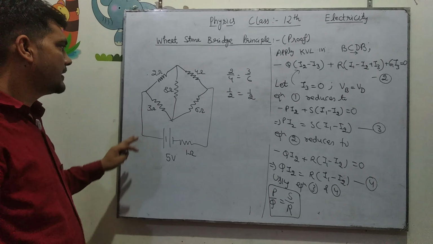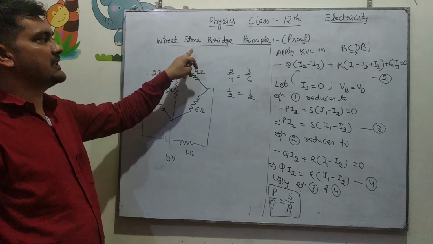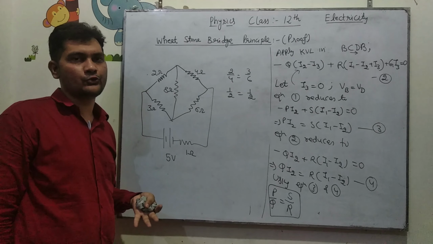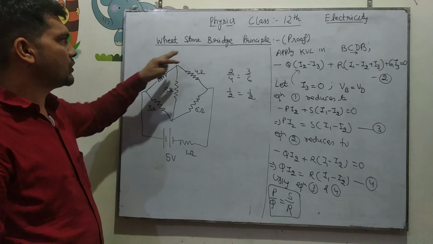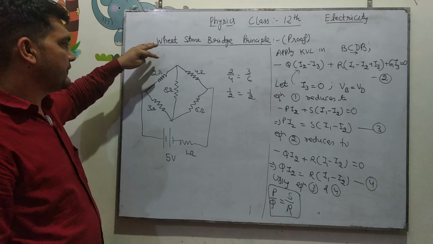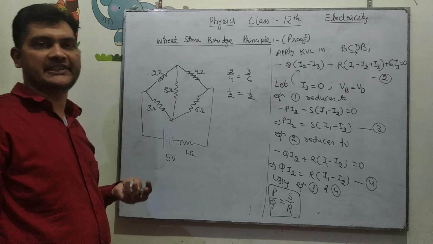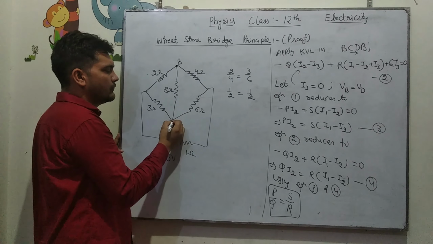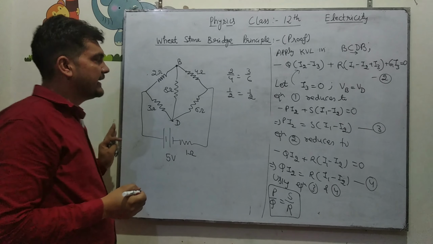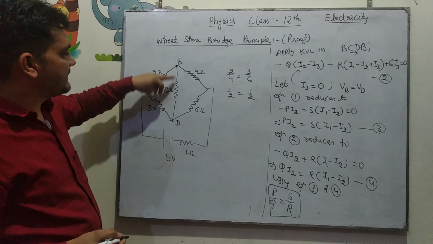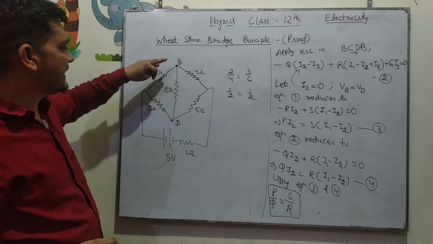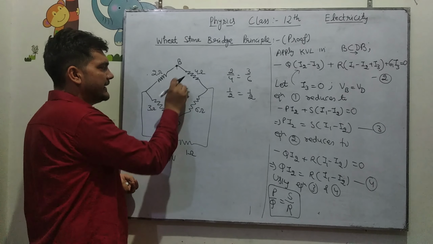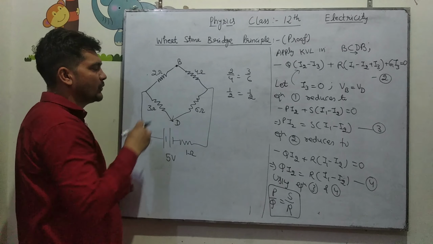Balanced means this principle is applicable. In that situation, these 2 points would be at same potentials, and the current in this branch will be 0. So you can simply remove this branch, the 8 ohm resistance between these 2 points.